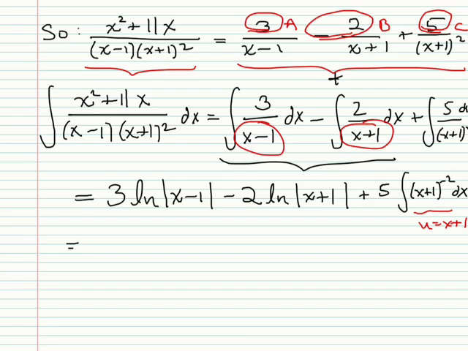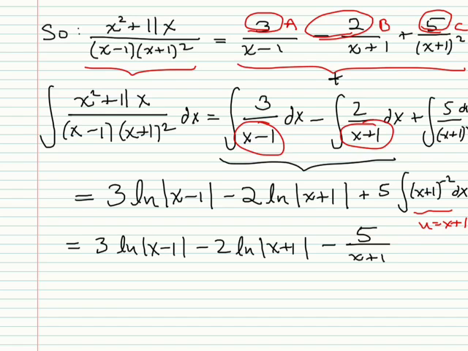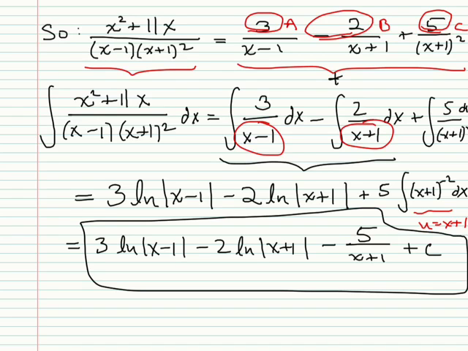So when you do that backwards power rule on that last term, you get u to the minus 1 over minus 1, i.e. what that's going to leave you with is 5 times x plus 1 to the minus 1, or 5 over x plus 1. And that is the actual answer, the antiderivative.